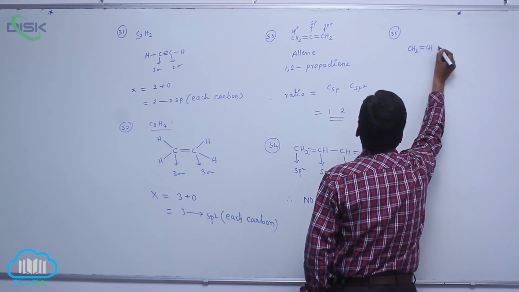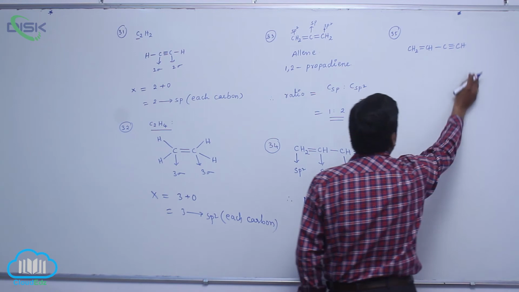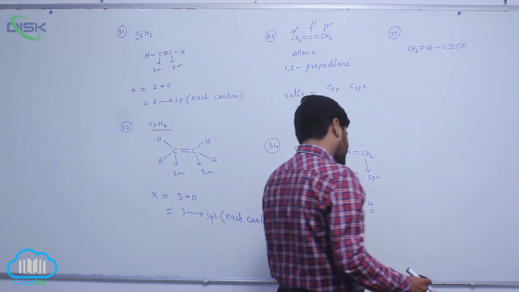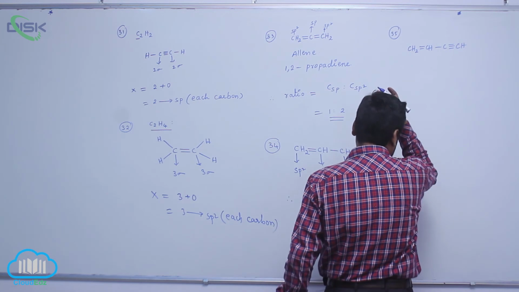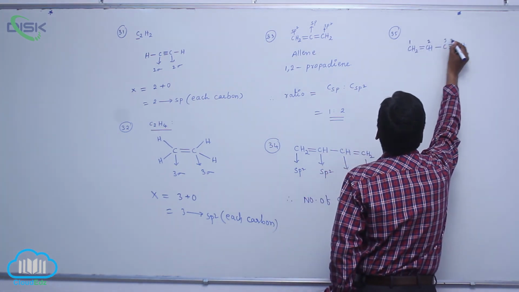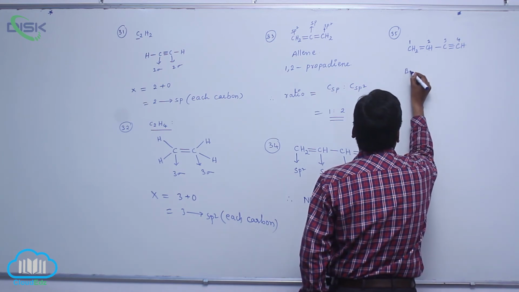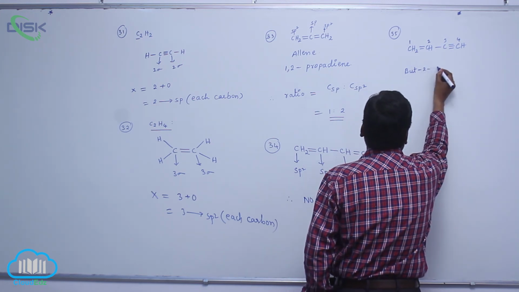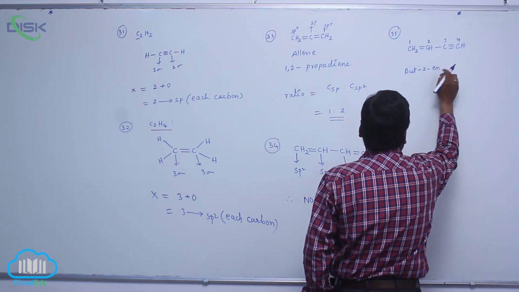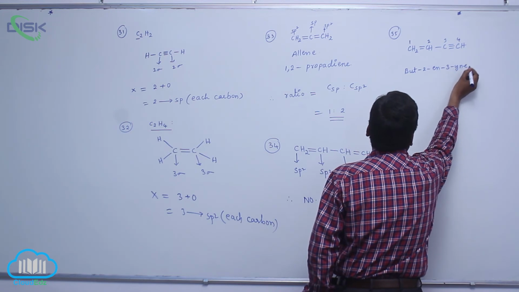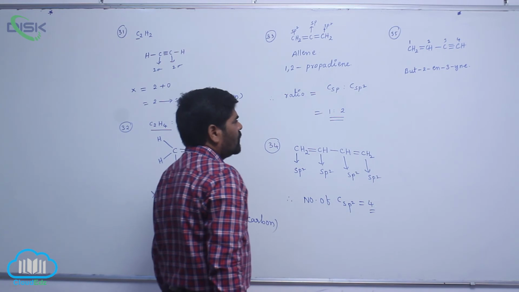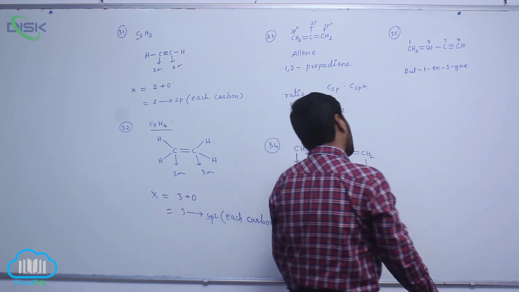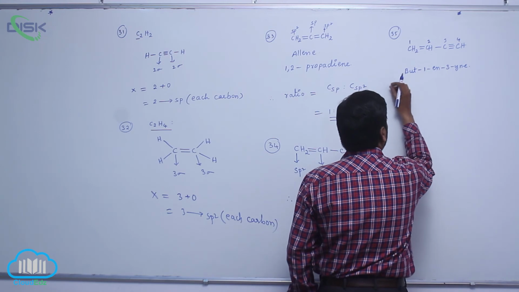CH2 double bond CH, then C triple bond H. This is commonly known as vinyl acetylene. 1, 2, 3, 4. But-1-en-3-yne is the IUPAC name.